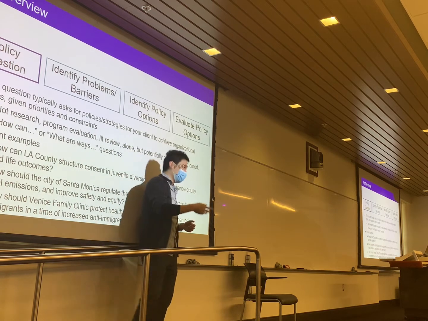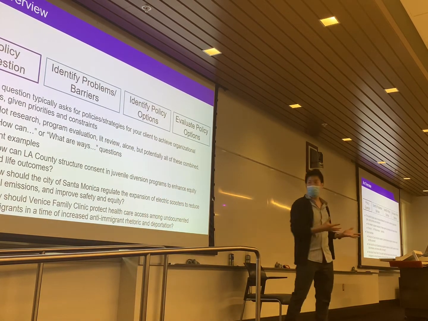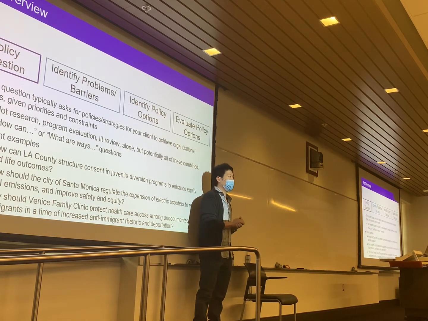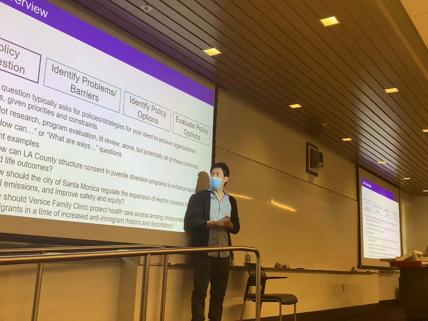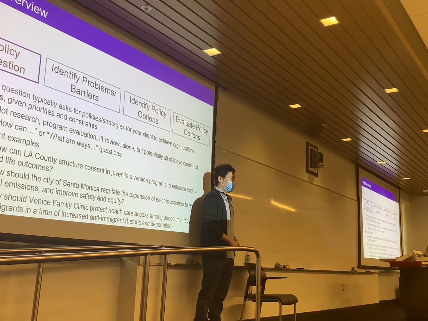Your client may say, oh yeah, it's great, we're working with the UCLA team, it's a really great team, and we wanna know what's been done out in other municipalities. All the time, students come to me and say, that's what my client wants. That's not what you're doing, okay?